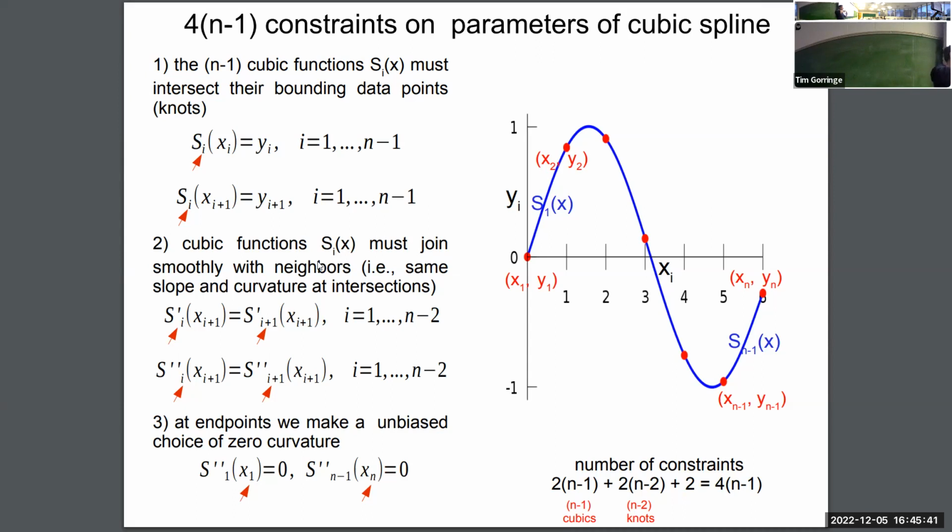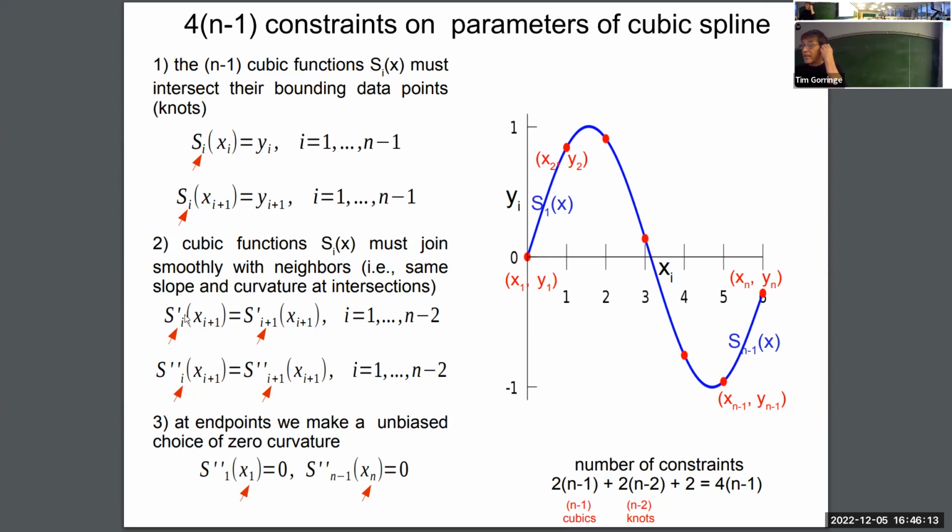Joining smoothly here means that the slopes are the same for the spline on the left and the spline on the right at that knot, and that the curvatures, the rates of change of the slopes, are the same for this cubic function and this cubic function. So there are 2 constraints here at each knot.